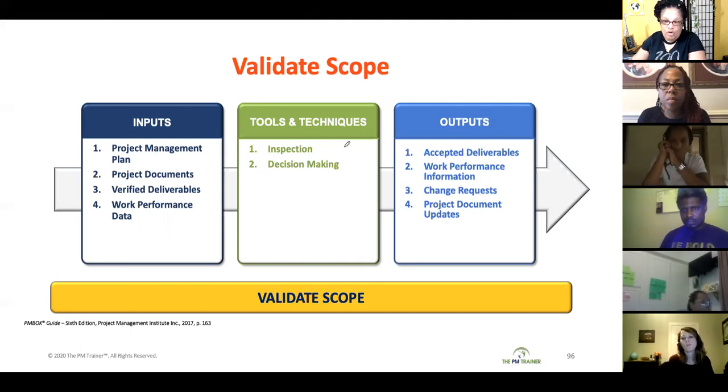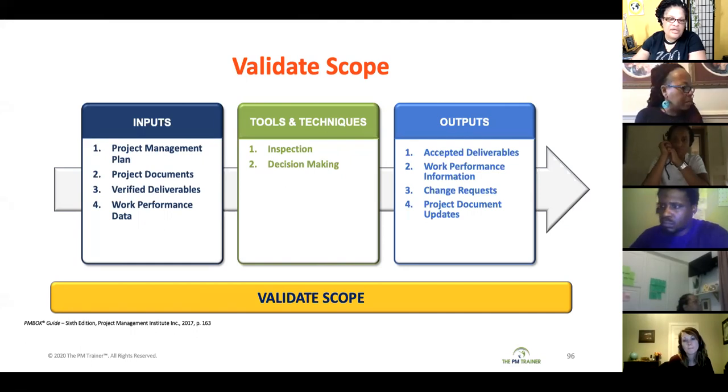You also have work performance data. Your work performance data could include where the deliverable was not conforming exactly to the requirements and where that non-conformity lies. The work performance data could identify the number of validation cycles performed in a given time period. So your work performance data also becomes inputs to your validate scope.